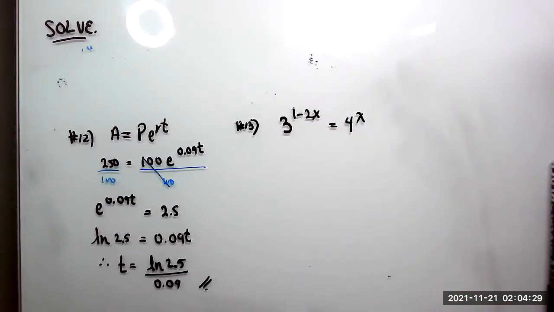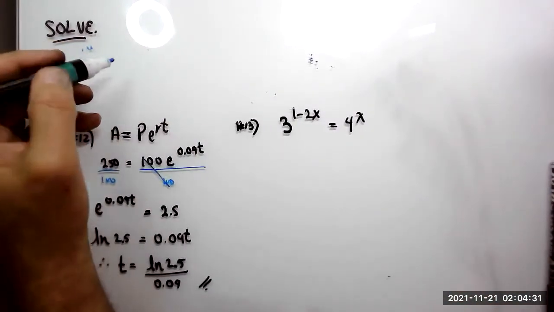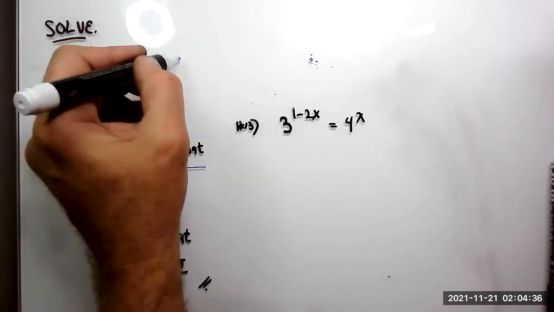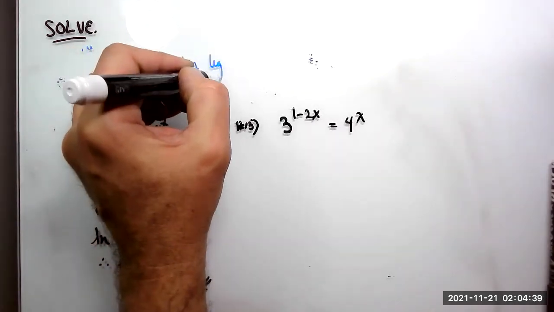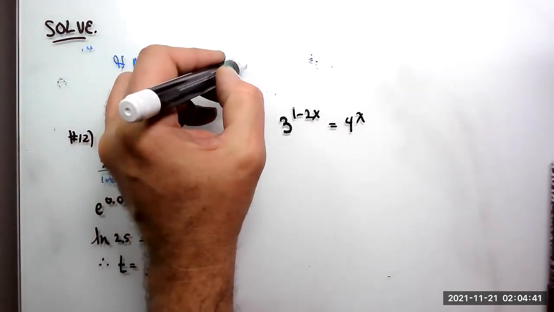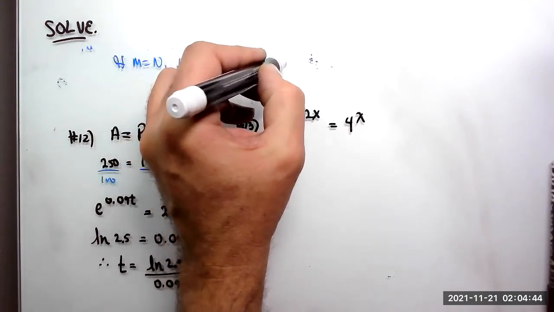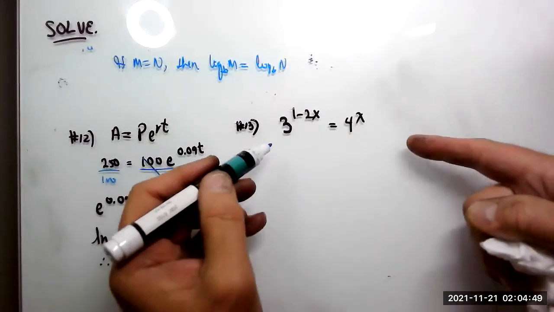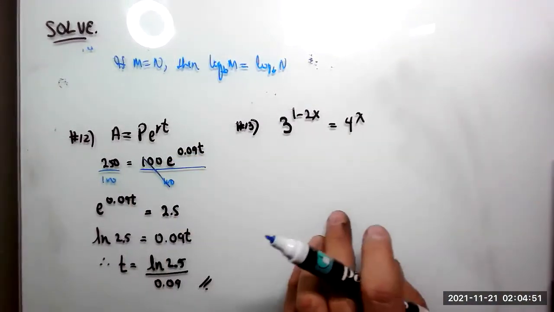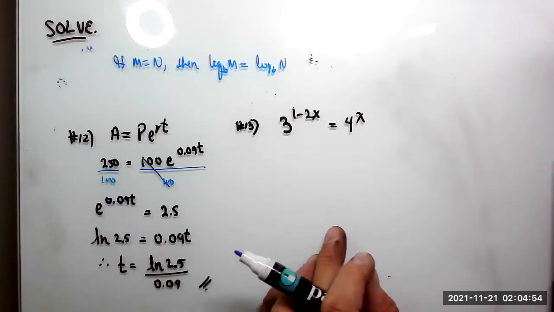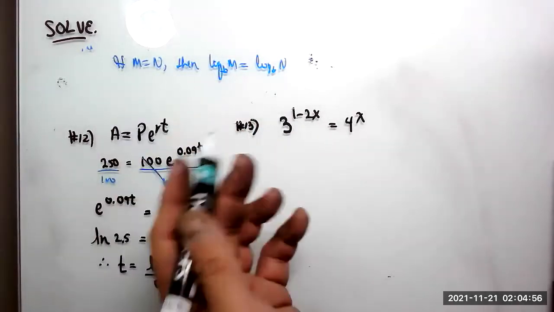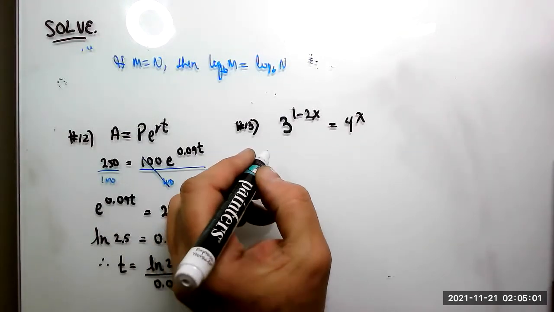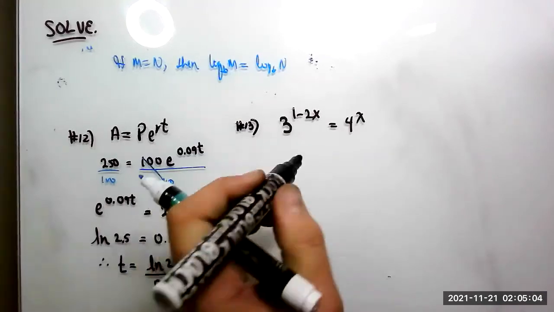The property states that if m equals n, then log base b of m equals log base b of n. You have an equality, that means that I apply log to both sides of the equation, or ln to both sides of the equation. So log base b, any base, so we can use base 10 or base e. So let me use base e. So this is what we have.